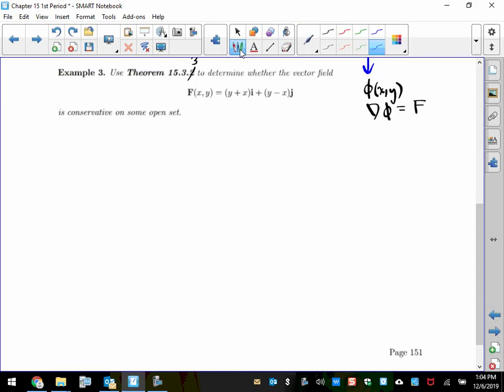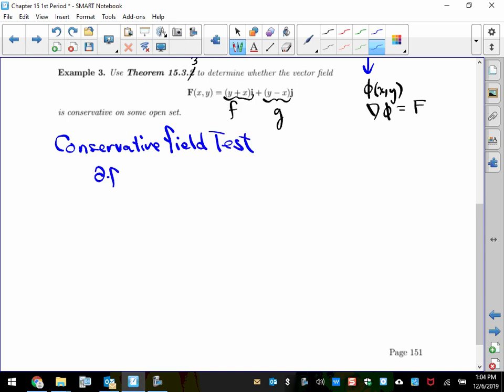So now let's go and solve this one. This is our function lowercase f, and this is our function lowercase g. By the conservative field test, what we want is the partial of f with respect to y. You want the x component function with respect to the other variable, which is going to be 1.